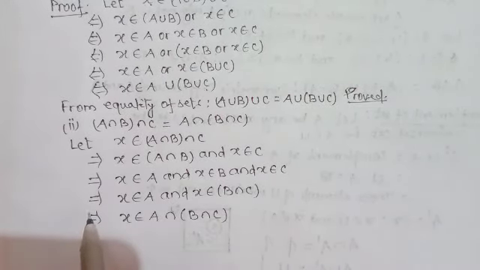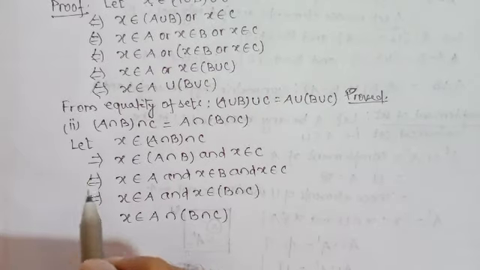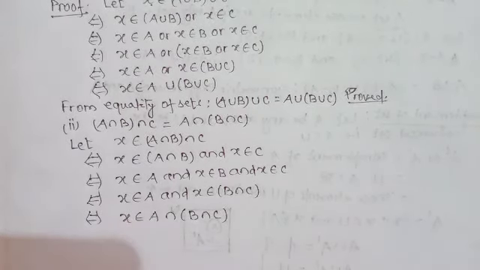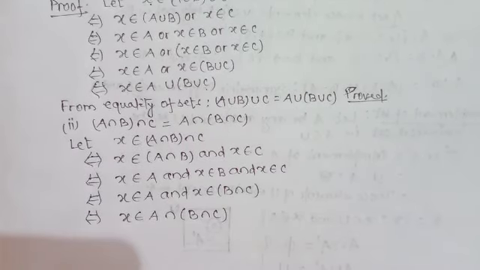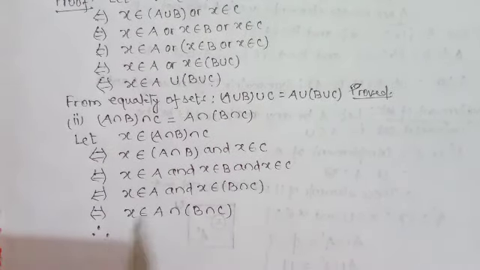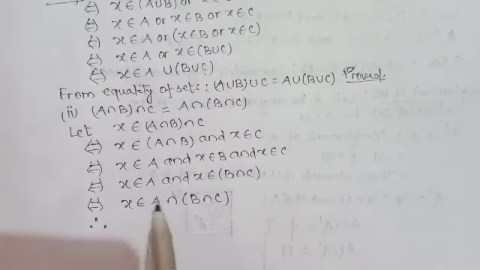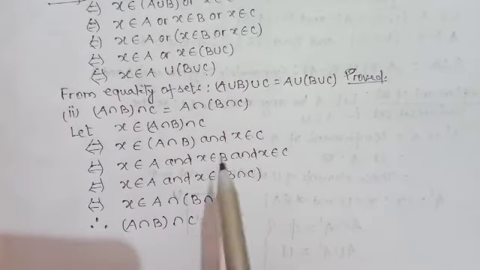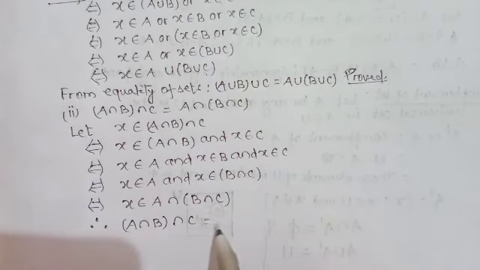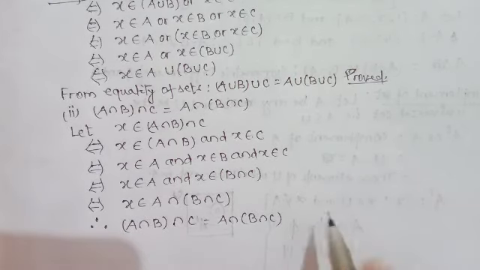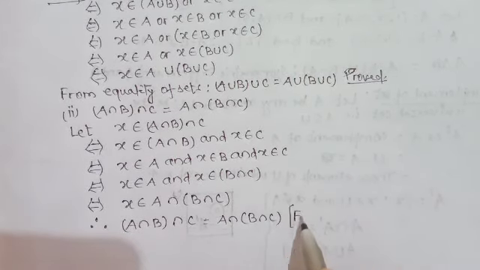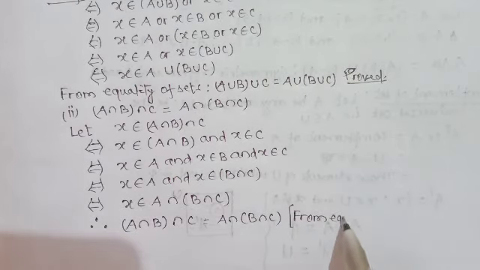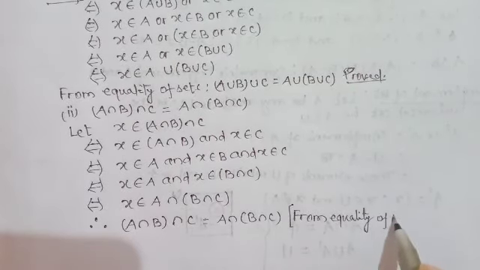If you write implies and is implied by, this is symbol of implies and is implied by, then we can say A intersection B intersection C is equals to A intersection B intersection C, and you must write here within the bracket from equality of sets.